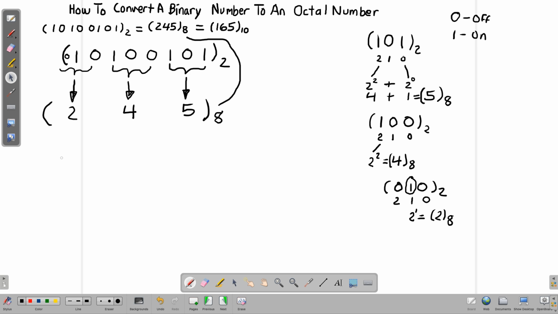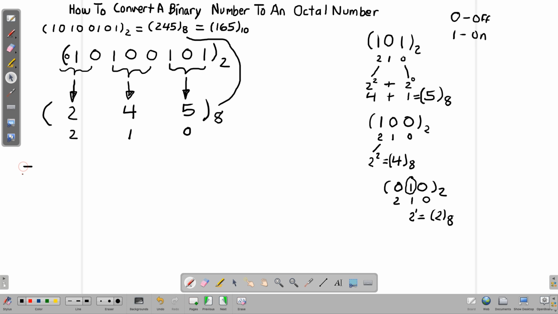Now, as a test, what we want to do is convert this to decimal, just to show that that value is correct. How are we going to do it? Once again, let's look at the positions. Currently, 245 is in the octal system. So the 5 is in the 0th position. The 4 is in the first position. The 2 is in the second position.